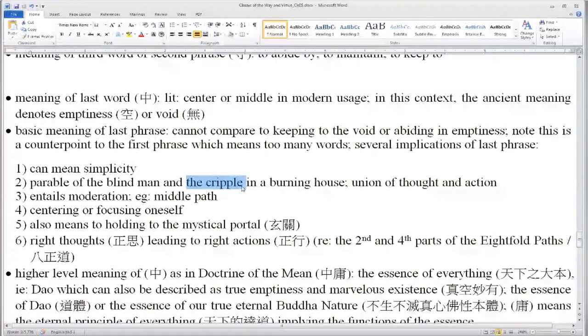All right, that's the story. So the gist of the story is that our thoughts and actions have to be at one, or together. We can't just think and do nothing, and we can't just do and not think. I think Confucius talked about that. Let's see, what did he say?